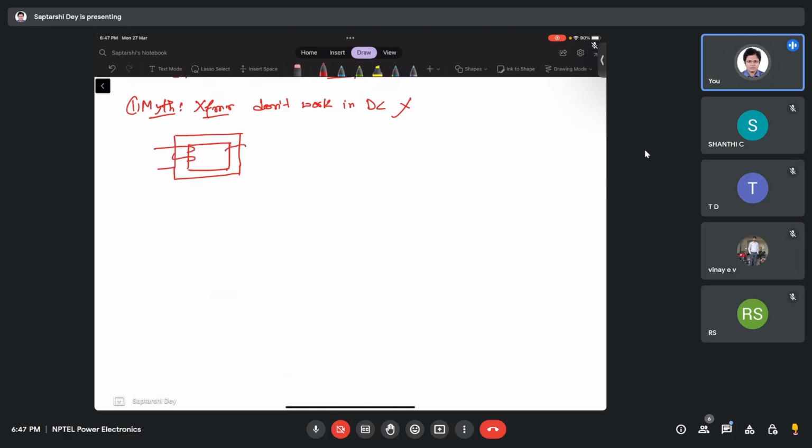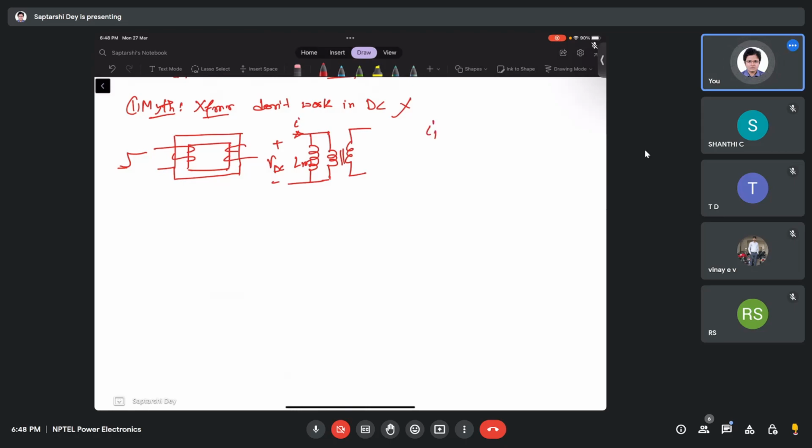Suppose I have a transformer here and I give a DC voltage. Now if I look at the equivalent circuit of it, this is the equivalent circuit, and this is the magnetizing inductance Lm. Now I have a voltage VDC, and there is some current I flowing here. What is this I?